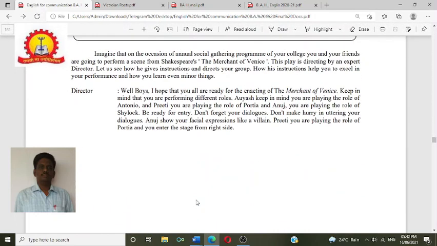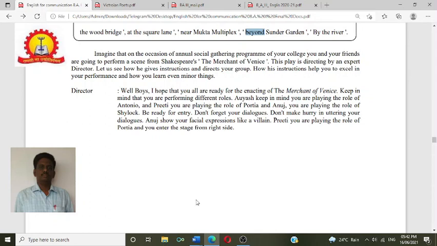Here you can see he gives them certain instructions, and if you see the sentences, you can understand that it is very clear without any ambiguity. They were using an imperative tone. The director is giving them orders: do this, do not do this.